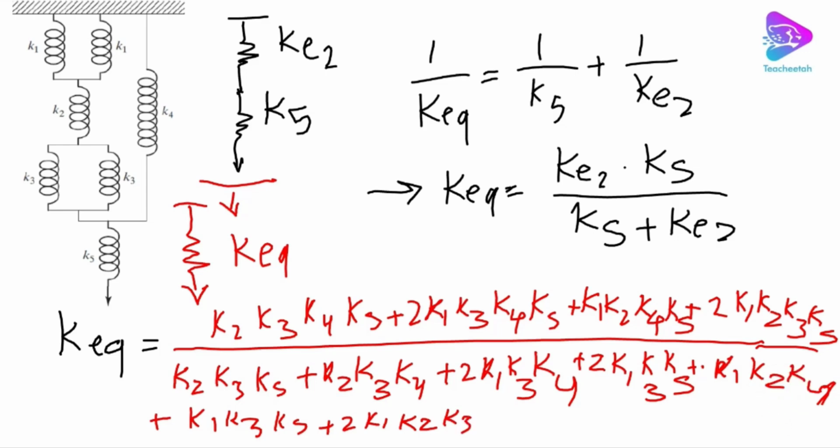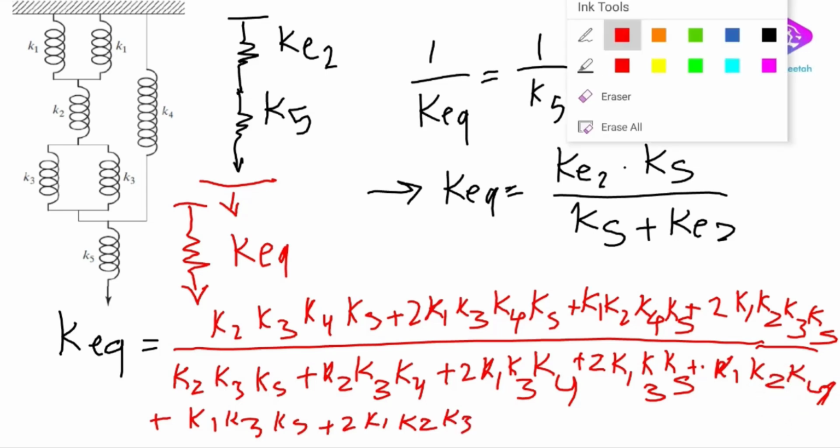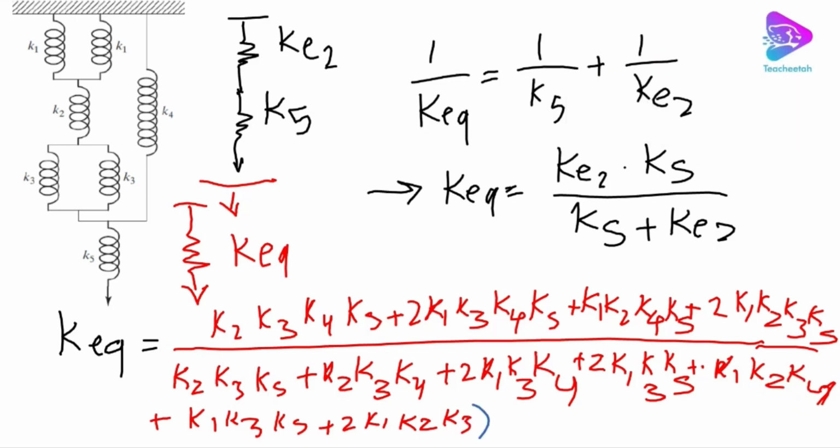So the whole thing is the denominator, so I'm gonna use brackets to not confuse. So this is the whole denominator. So as you see, we will be able to find the equivalent stiffness or spring constant, and the whole system became like this. Why is it important?